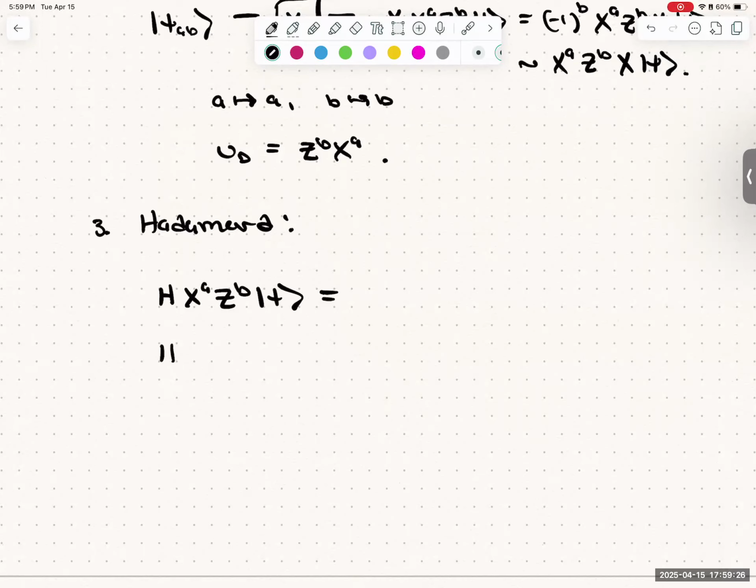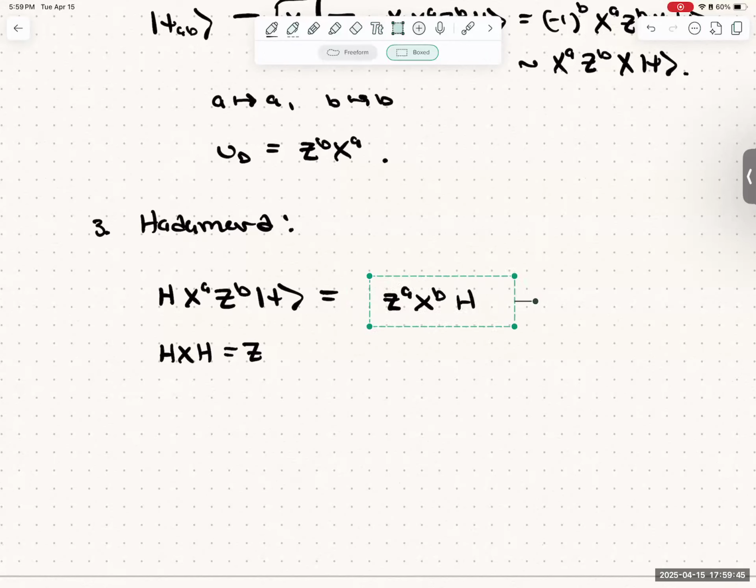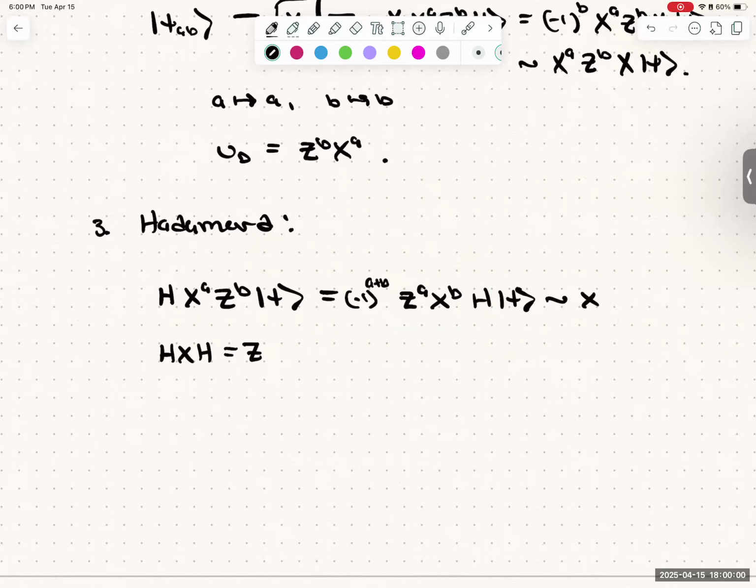We use one of the defining properties of Hadamard, that HXH equals Z. So this one is going to be equal to Z_A X_B H, sorry, there should be an overall sign, (-1)^(A+B), H psi, which is overall equal to X_B Z_A H psi.